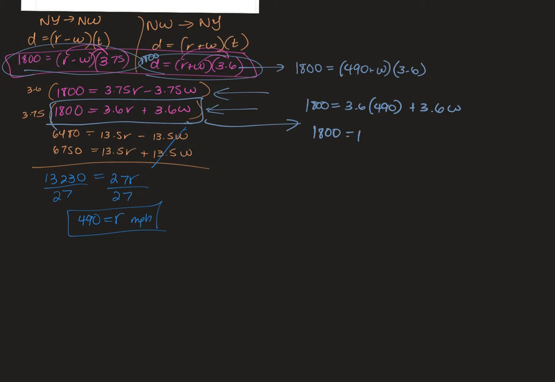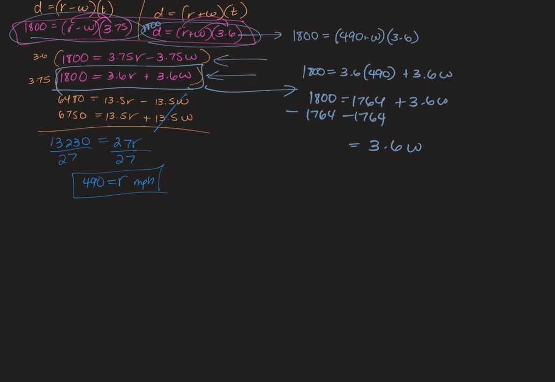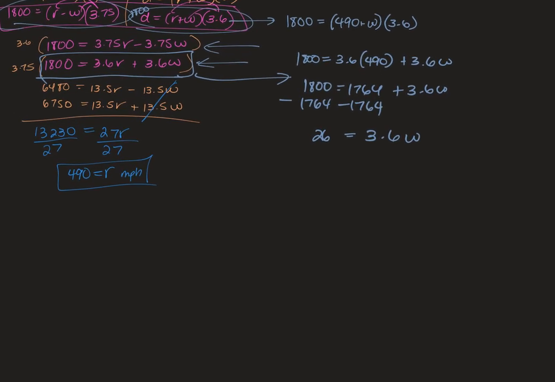1800 equals 1764 plus 3.6W. Subtract the 1764. What is that, 36, not 26.